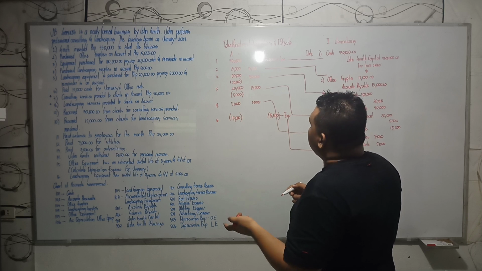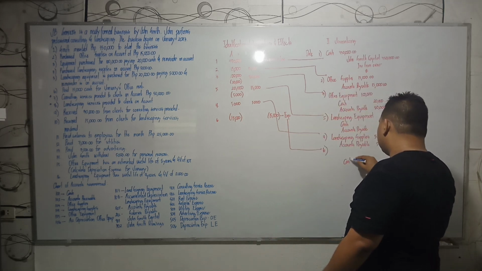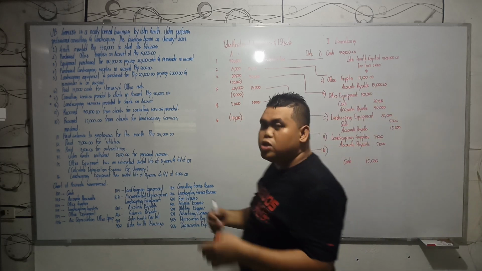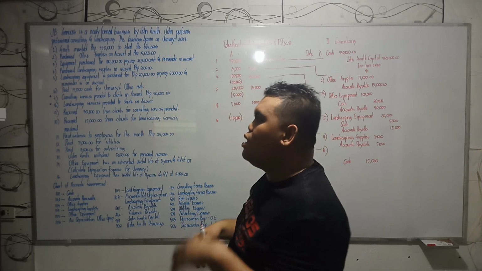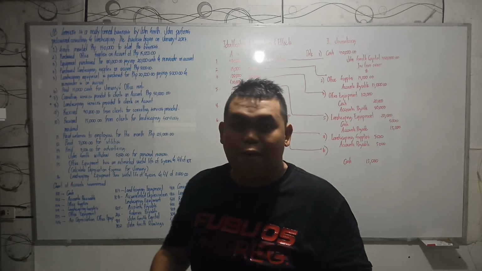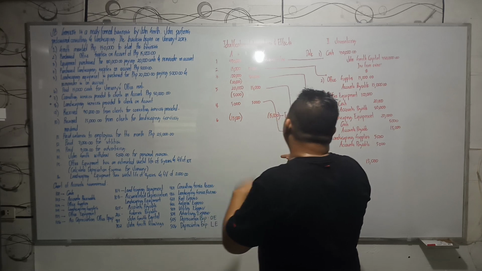Okay? So, in making an entry for this one, we can have number 6. We have on the asset side, it's a decrease in cash, so that's credit cash, 15,000. So let me emphasize that you can always interchange your analysis with the debits and credits. You can start with the credit actually. There's no need to start always with the debit. Okay? So we have credit cash, 15,000. And then we have the expense.